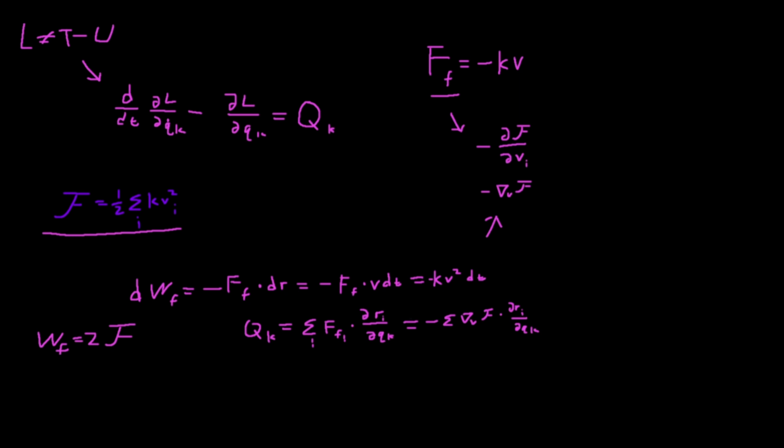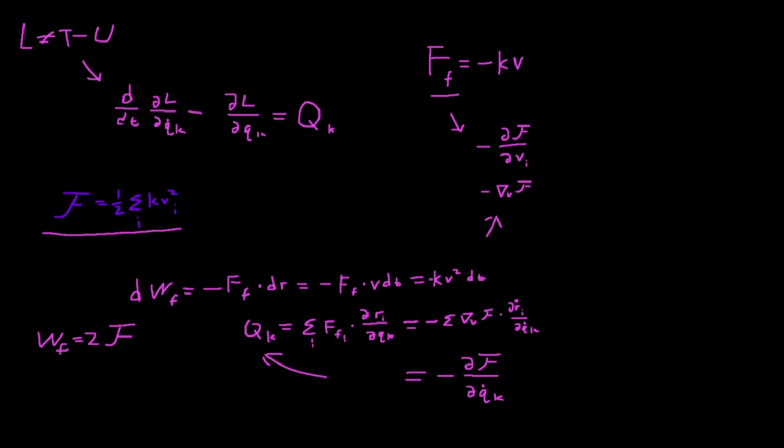And partial r i partial q k, we can just put a dot over that, taking the time derivative of both sides. Basically, the reason I'm doing that is to show that this Q k right here is equivalent to minus the derivative of Rayleigh's dissipation function with respect to the time derivative of the generalized coordinate q k.